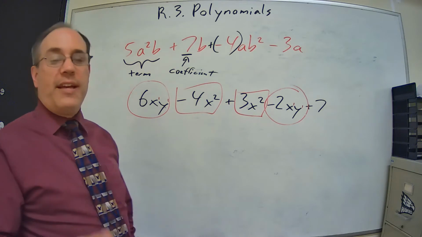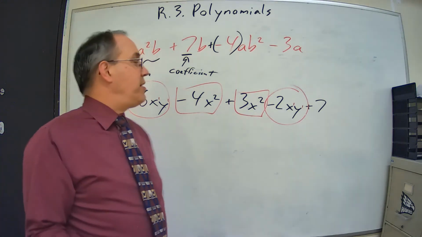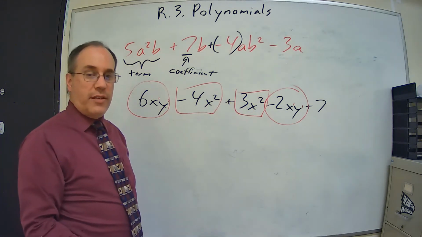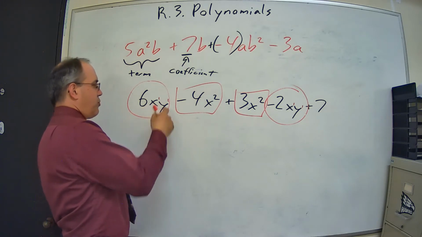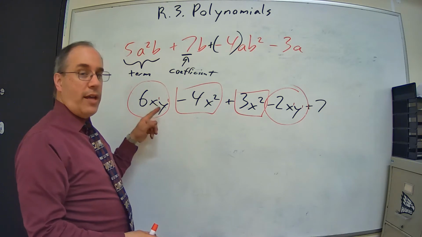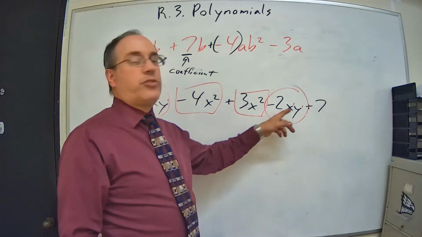Well, if we have like terms, then we can add and subtract as this polynomial states. Because you can look at this as 6xy, that's 6 apples, xy apples. Minus 2xy, or minus 2 apples.